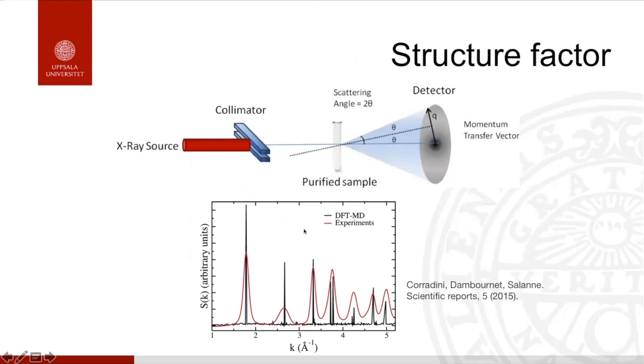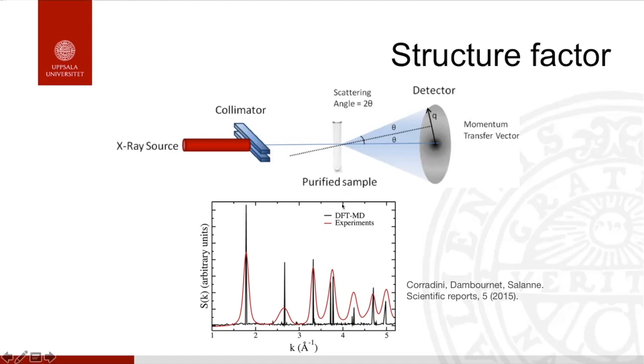Those peaks would characterize the typical distances between some atoms within the sample. And knowing that, you can already draw conclusions about how it's organized within your sample.